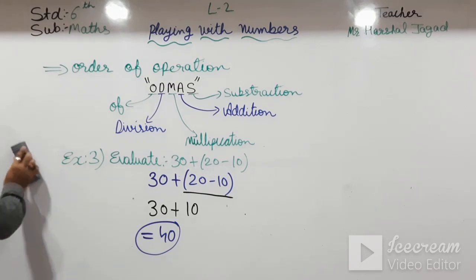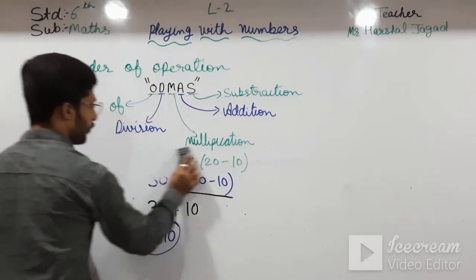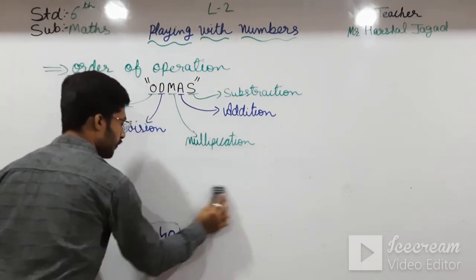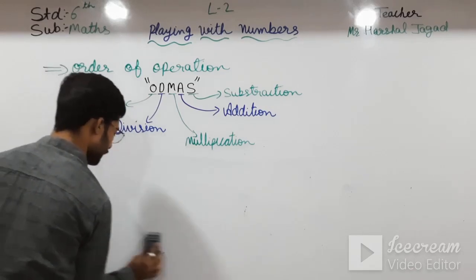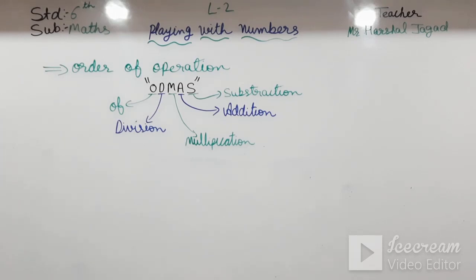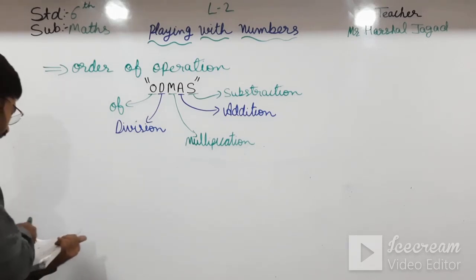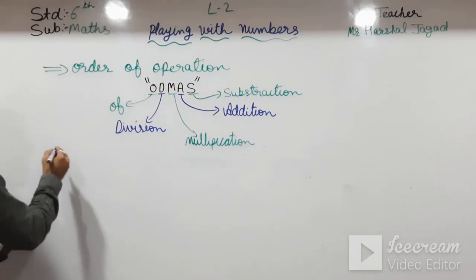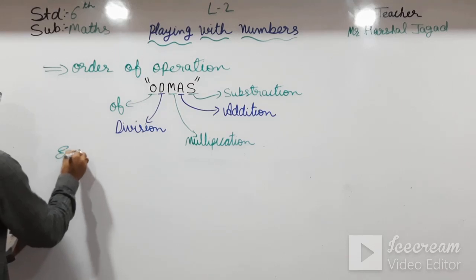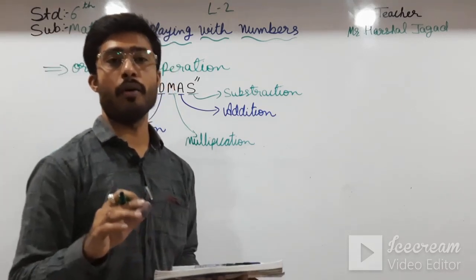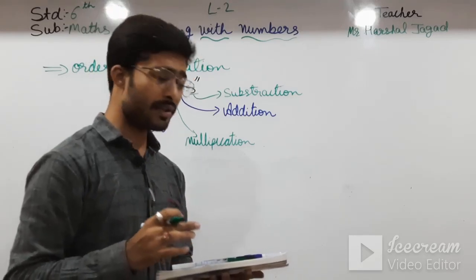So now going to the example number 4. Okay students, now going to the example number 4. So the example number 4 is, in the word problems, first of all you have to read this question 2-3 times.